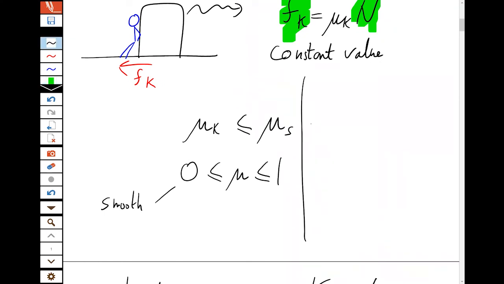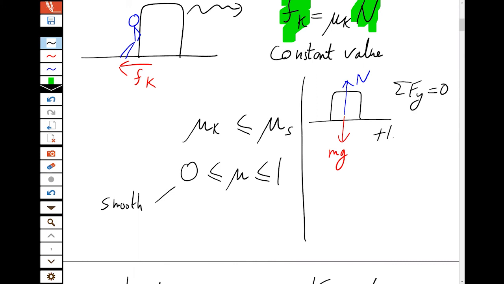And we've often seen problems where you have the normal force up and the weight down. And if it's not moving vertically, then the sum of the vertical forces is 0, plus the normal force up minus the weight down is 0. So in that case, the normal force equals the weight.